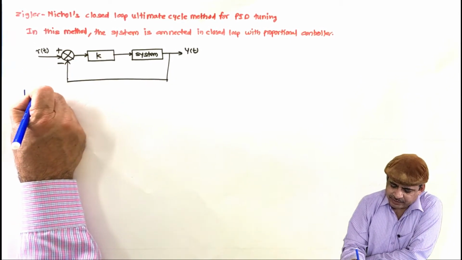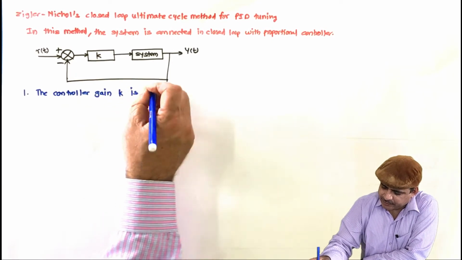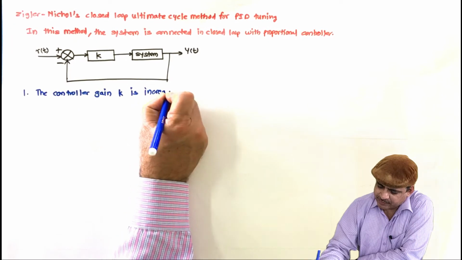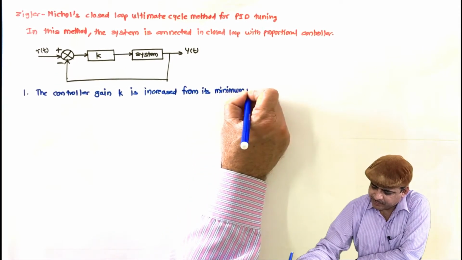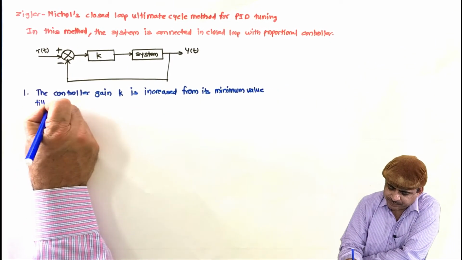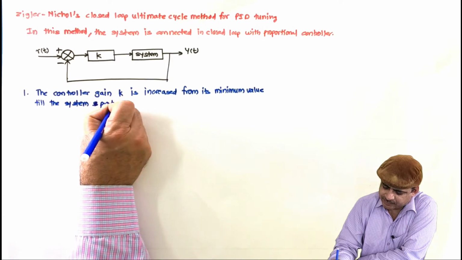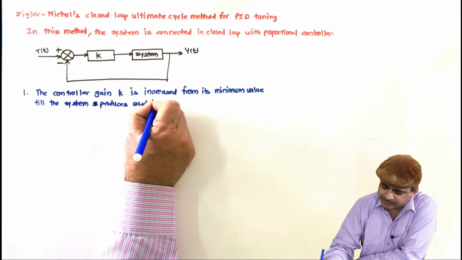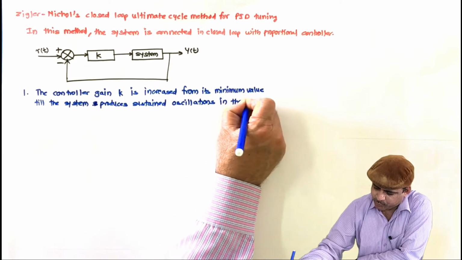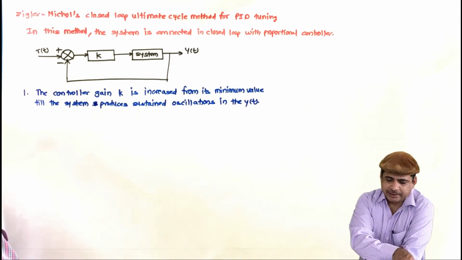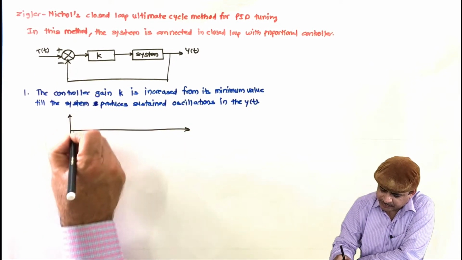So here what is done, after connecting this, the controller gain K is increased from its minimum value till the system produces sustained oscillations in the output y(t), and the response is noted down like so.